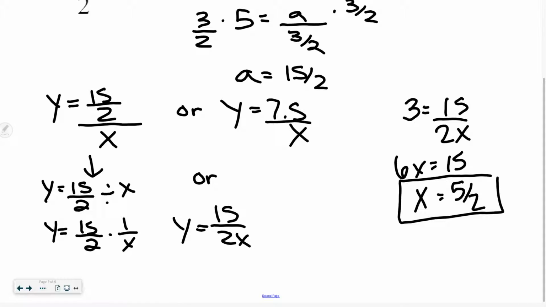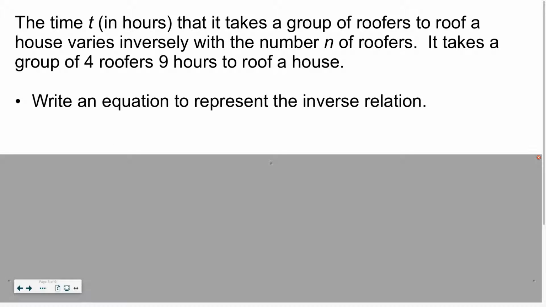Okay? All right, one last thing. A word problem. So, when you're reading a word problem, you just need to pay attention. It's going to be basically the same thing, but they're going to apply meaning to it. So it says the time, T, in hours, that it takes a group of roofers to roof a house, it varies inversely with N, the number of roofers.